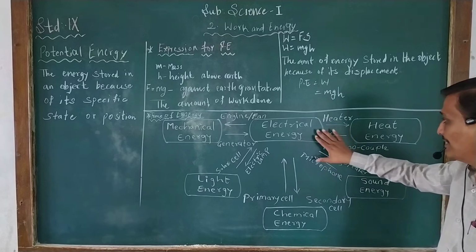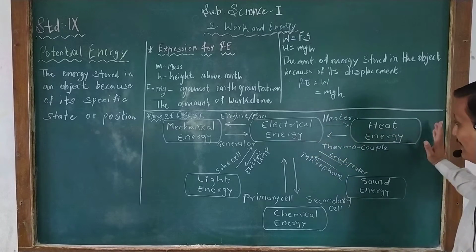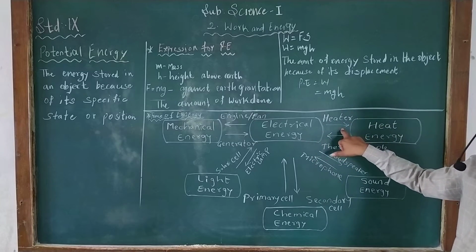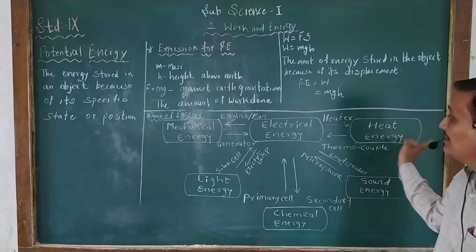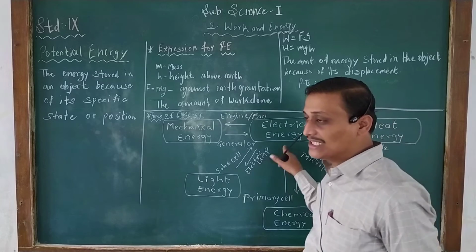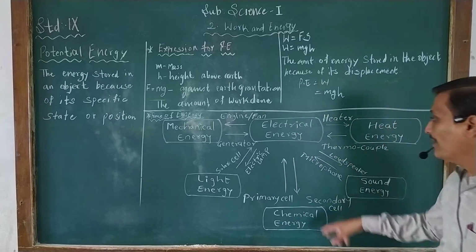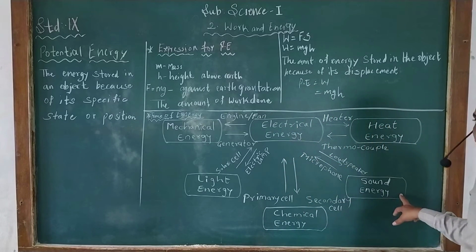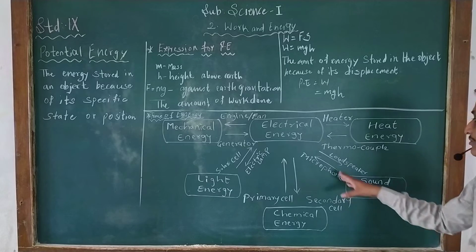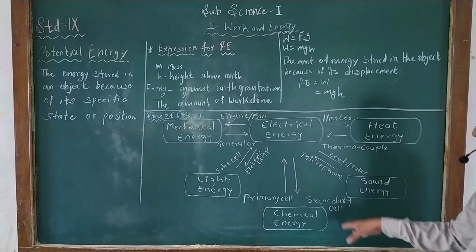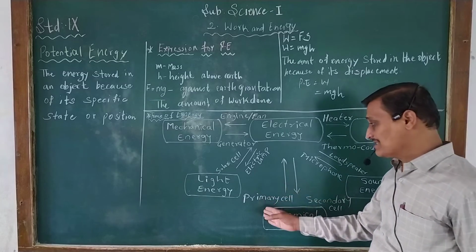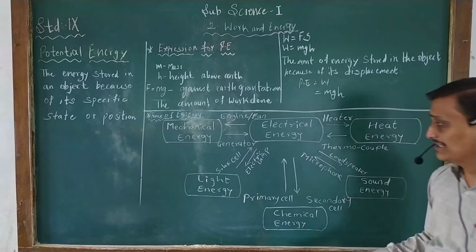Similarly, if electrical energy is converted into heat energy, the device is a heater, whereas heat energy converted into electrical energy is a thermocouple. Electrical energy can be converted into sound energy through a loudspeaker, whereas sound energy to electrical energy through microphones. Then primary cells for chemical energy.